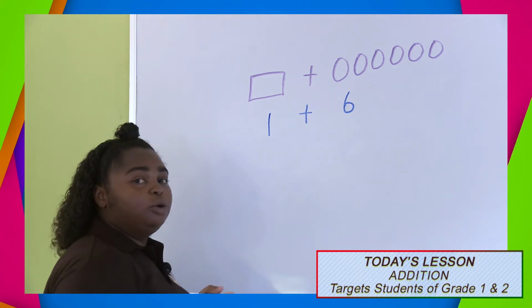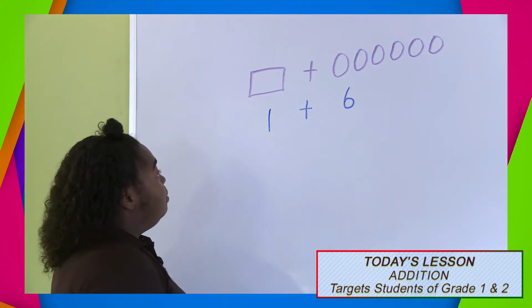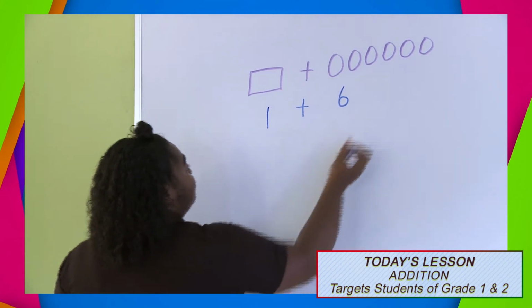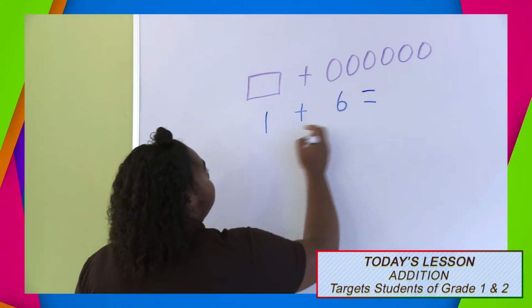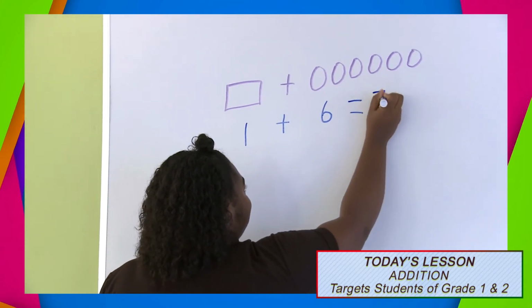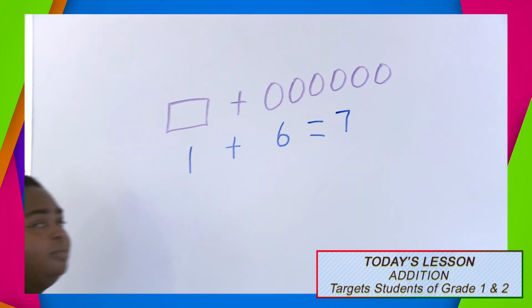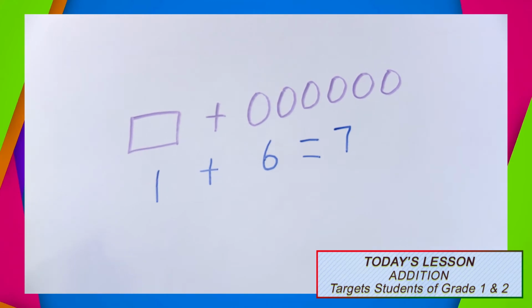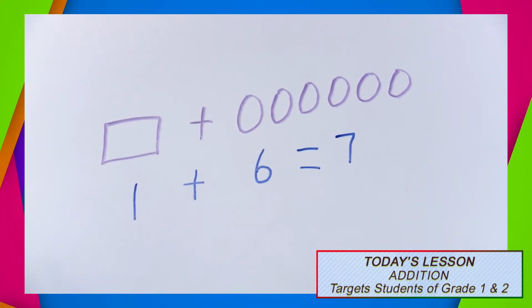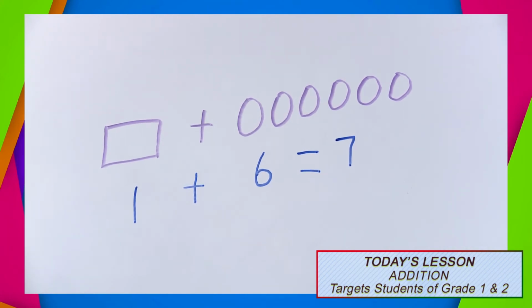Now you find your total and I'll find mine, and we'll come back and see if we have the same answer. Do you have the same answer as me? If you don't, please, let's do it together.